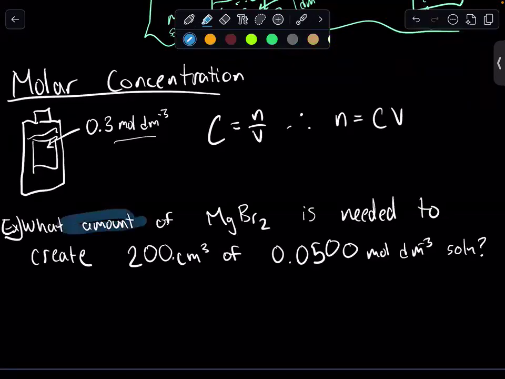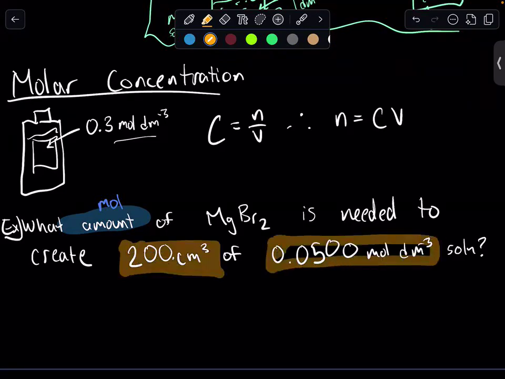So the question is asking for an amount. An amount automatically signals to me that we're looking for moles. Furthermore, we're given two values: a centimeter cubed value and a mole per decimeter cubed value.